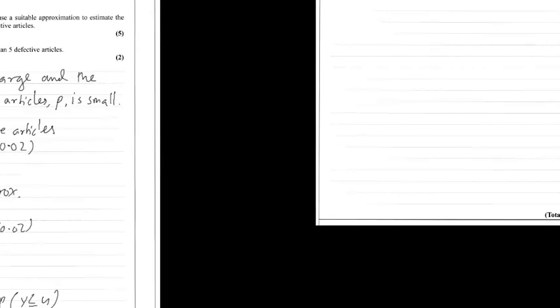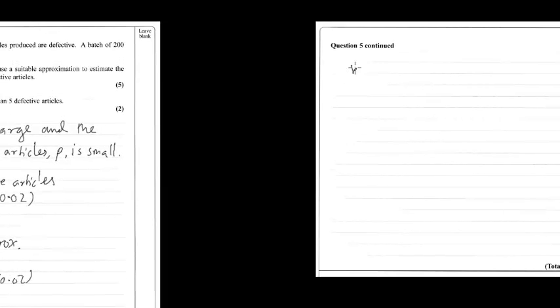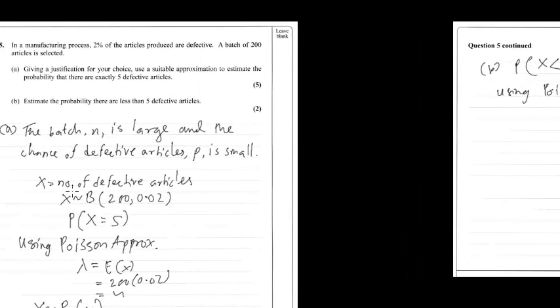Less than 5 defective, probability of x less than 5 defective, again using Poisson approximation. Remember, we cannot write x because the binomial distribution is defined by x, and the binomial distribution is useless because n is large, p is small.